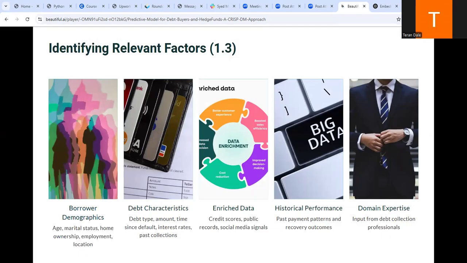Identifying relevant factors. This is one of the key reasons why this is perfect for machine learning, and it's important these aspects are put together correctly. The first one is the borrower's demographics. These are the factors we're going to use to build our model. Age, marital status, home ownership, employment status, location, state and zip code are all important indicators of a borrower's likelihood to repay.